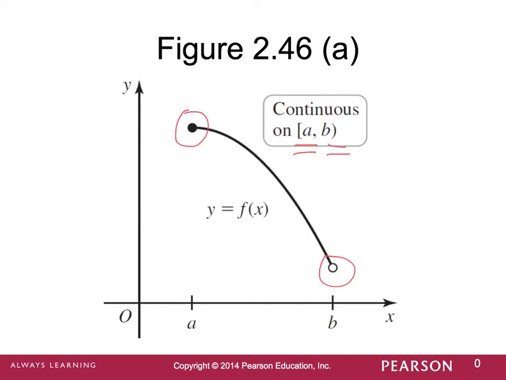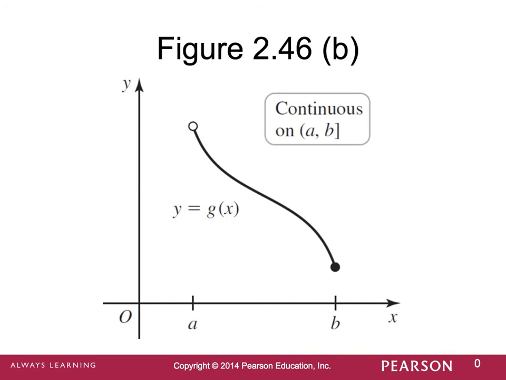So we know we're continuous at a, but we're not continuous at b. This function would be the flip of that, in that we're continuous at b, but we're not continuous at a. So we say that our function is continuous on the interval of the open a to a closed b.